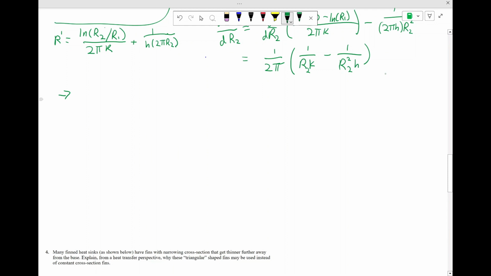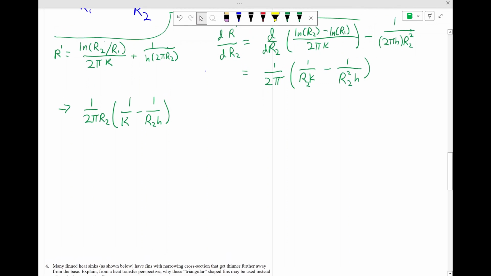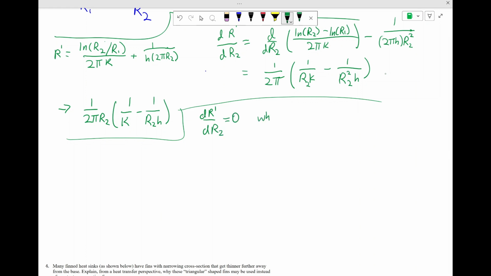We'll factor out 1 over 2 pi R2, times 1 over K minus 1 over R2 times H. If we want to know if there's a minimum or a maximum for this function, essentially, is there a value of R2 that gives us the maximum thermal resistance, then we can look for when dR prime over dR2 is 0. dR prime over dR2 is equal to 0 when R2 is equal to K over H.